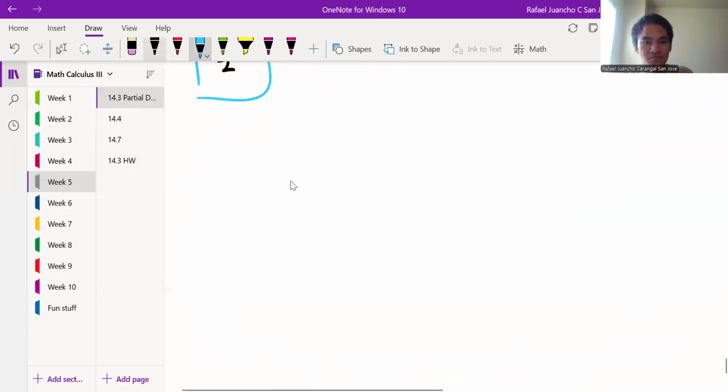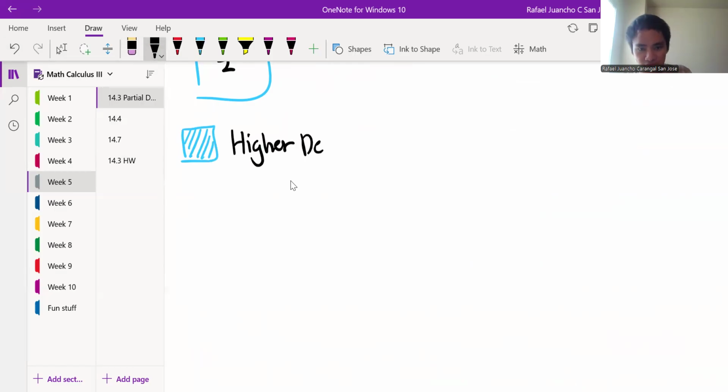Okay, let's do it here. So higher derivatives. When we were computing derivatives before, we started off with just a first order derivative, right?